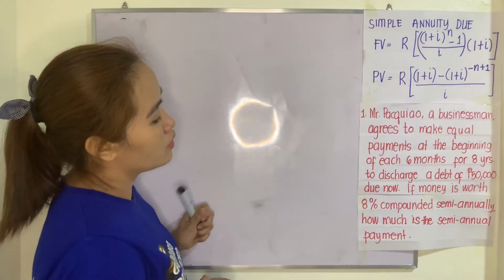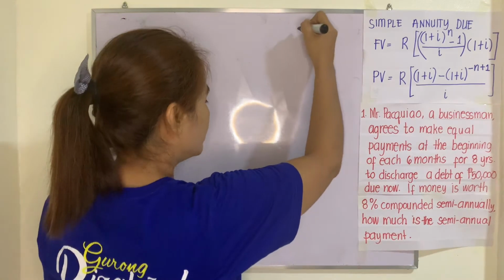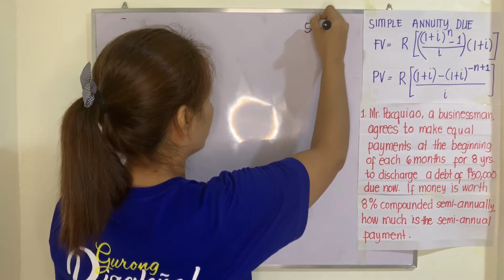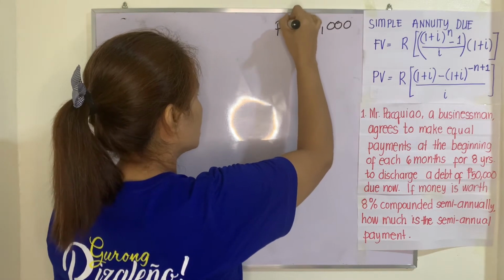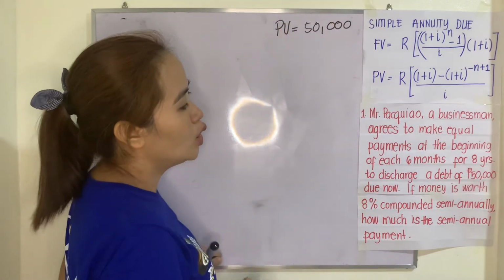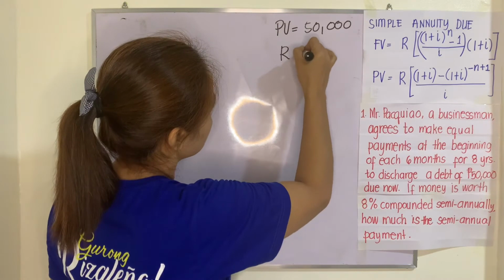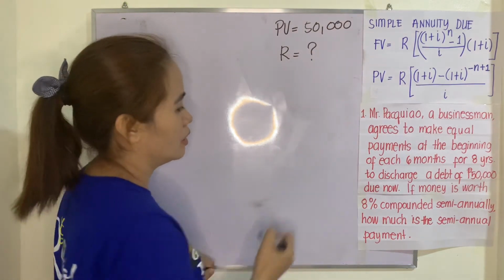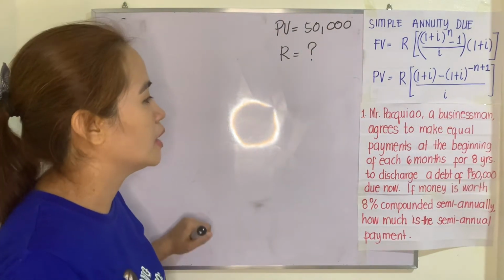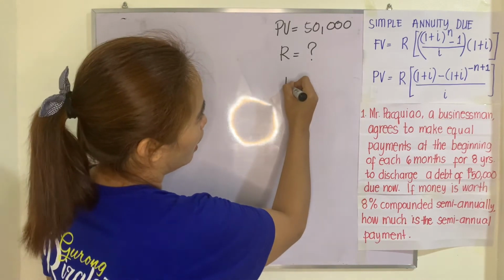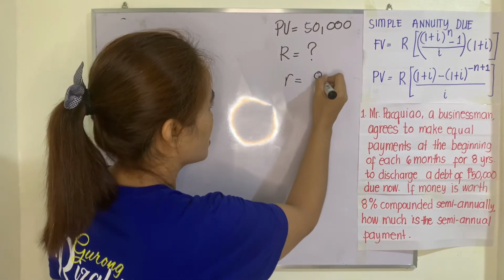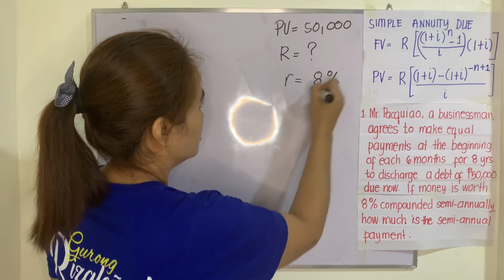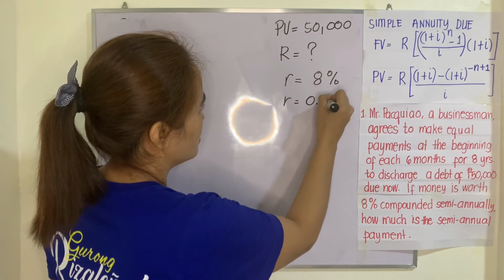Let us identify now the given. The given are 50,000. So that is the present value. We are looking for the R. That is the periodic payment. That is the semi-annual payment. And then we have the small r, the rate of interest, which is 8%. So this is 0.08.